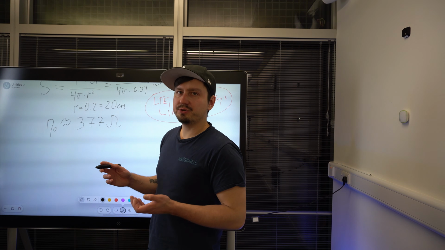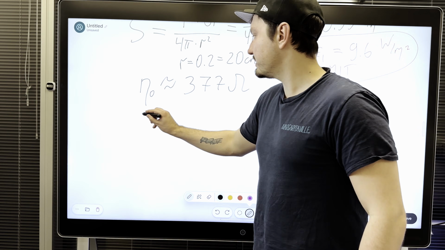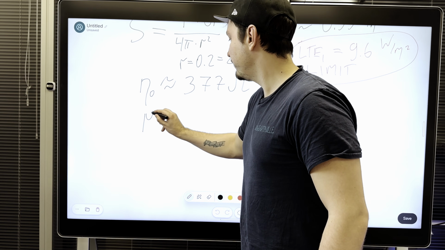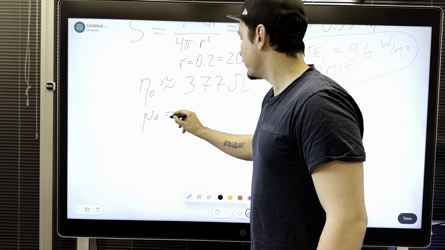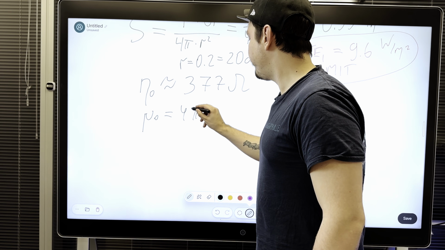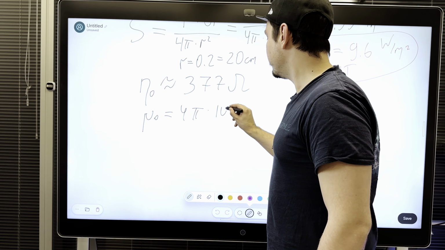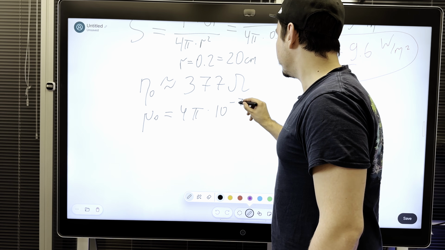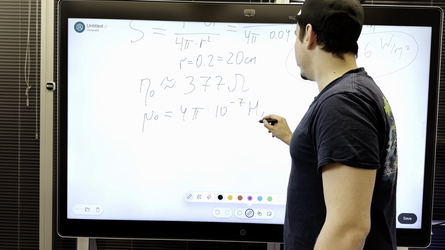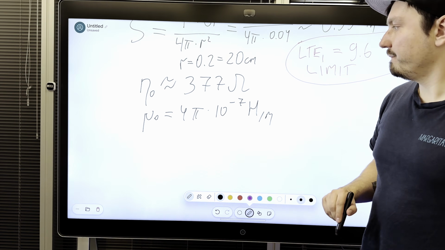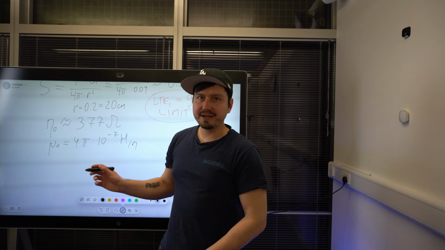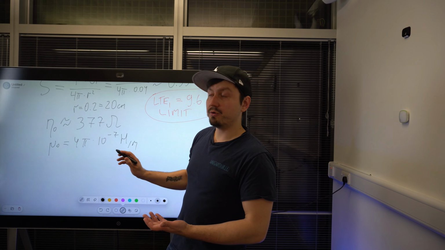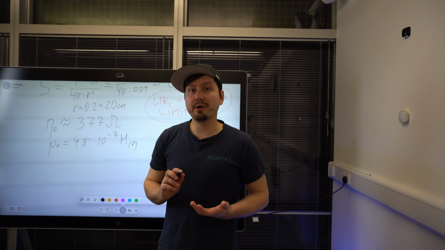And the other constitutive parameter that we'll need is the permeability of free space, and that is equal to 4 pi times 10 to the power minus 7 H per meter, and H stands for henries. So this is effectively all that we need to know from constitutive parameters.